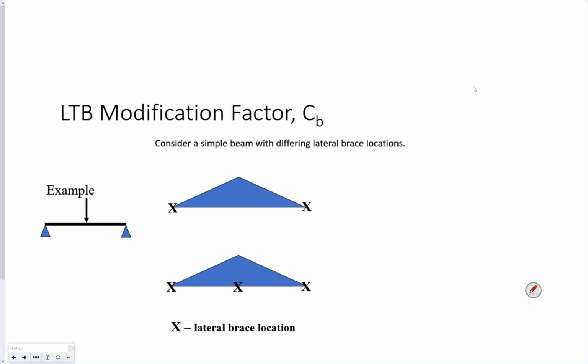So let's do an example. These are two different bracings, same moment diagram, but different bracings. Let's say my maximum moment here is 1 kip foot.